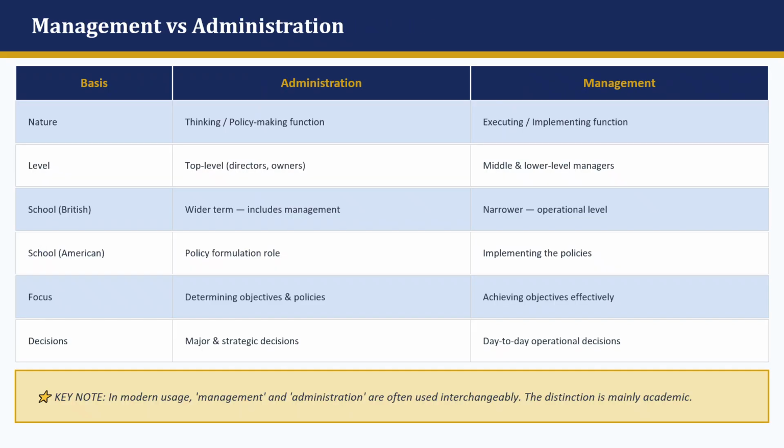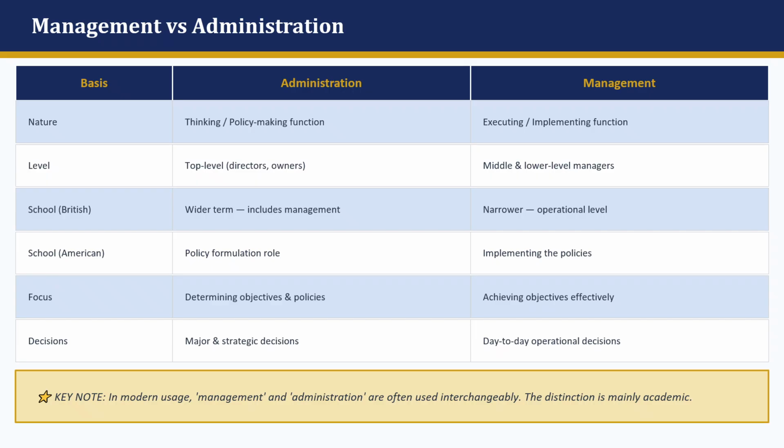Management versus administration. Now let us understand the difference between management and administration. Administration is mainly concerned with policy making and decision making at the top level, such as directors and owners, whereas management focuses on executing and implementing those policies at the middle and lower levels.